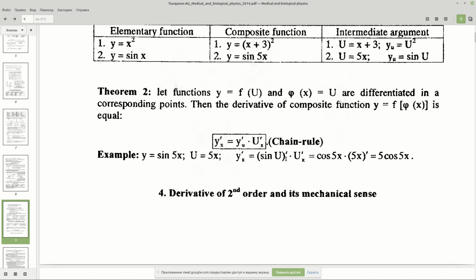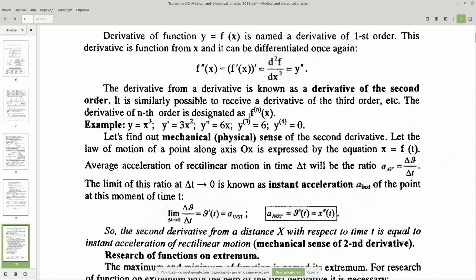Derivative of second order and its mechanical sense. The derivative of the function y equals f of x is named the derivative of first order. This derivative is a function of x and it can be differentiated once again. So y double prime will be the derivative of f prime of x, the second derivative, differentiated once again with respect to x.